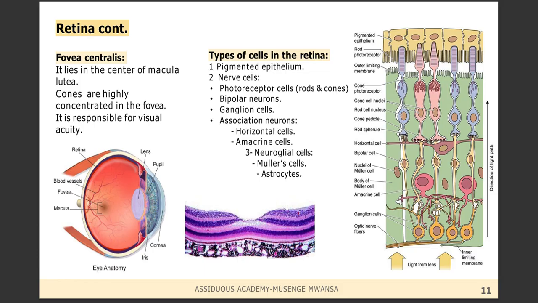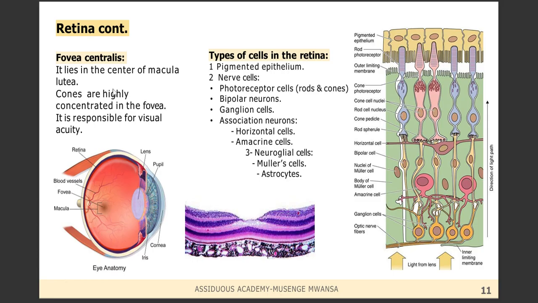Visual acuity is how sharp you can see and how far you can see to the sides. You can try putting your finger in front of your eye and moving it to the side. When you stop seeing it, it is out of sight, so that's beyond your visual acuity.